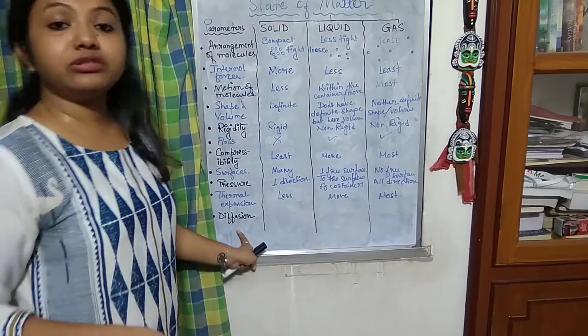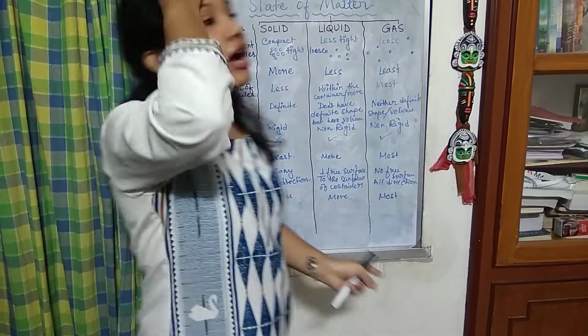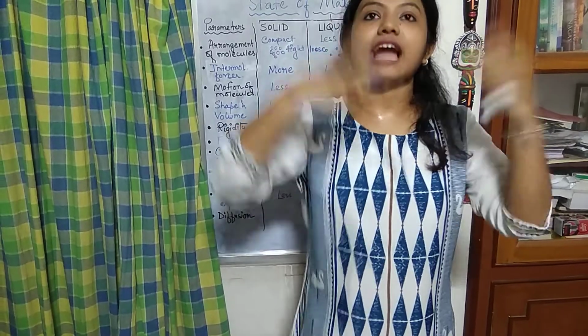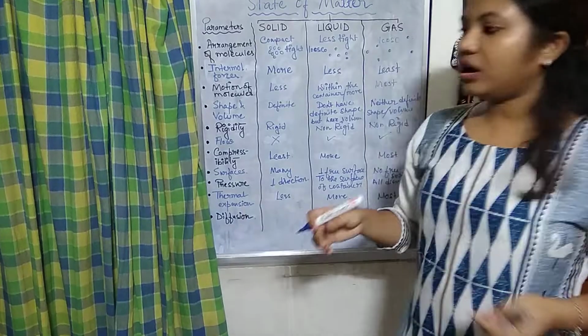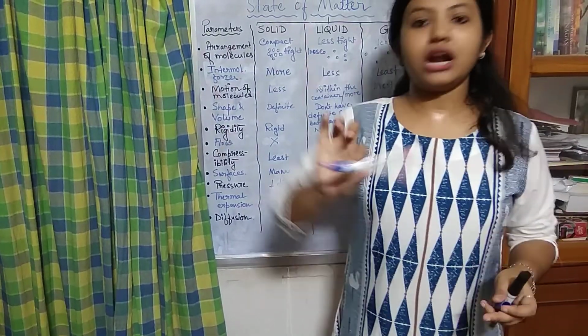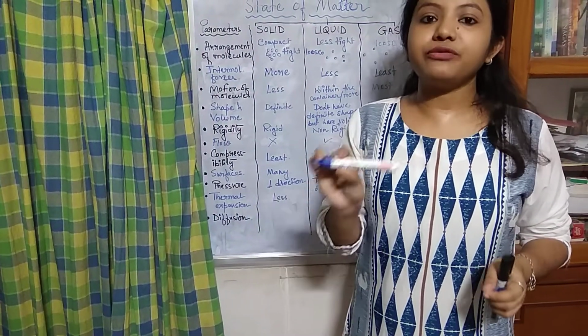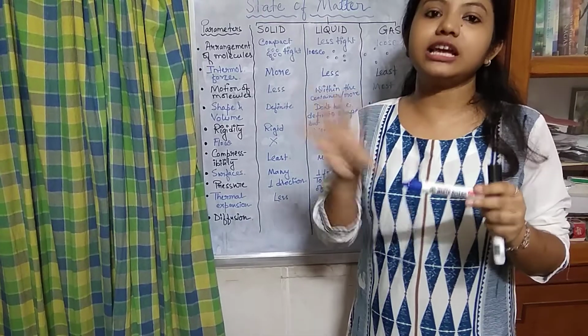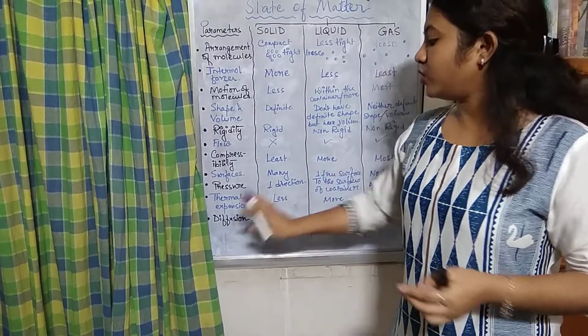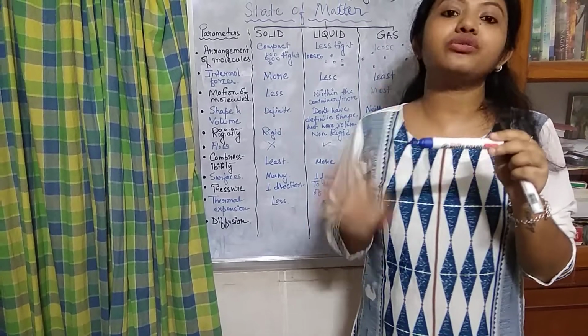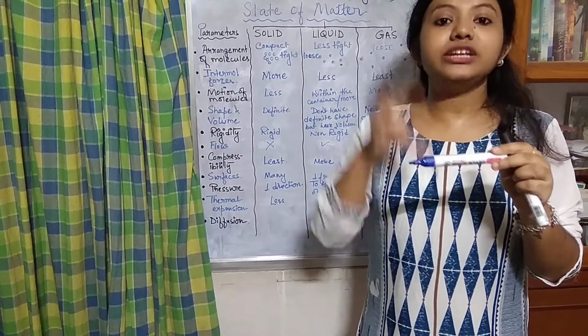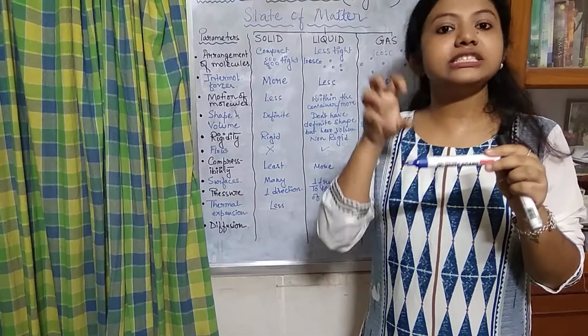Now talking about the diffusion. Diffusion means a tendency to get scattered, basically. So if I am keeping this marker out here, it is not going to vanish unless I steal it, obviously. The compaction between the molecules is not going to get reduced. So the diffusible capacity is minimum.